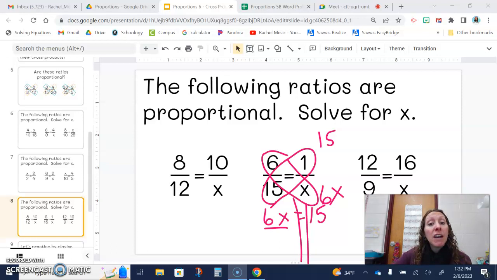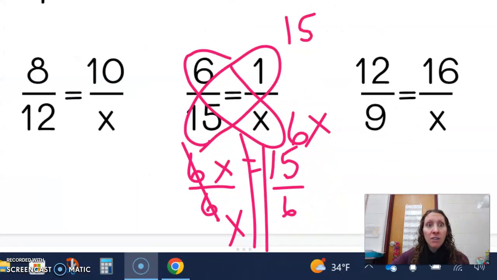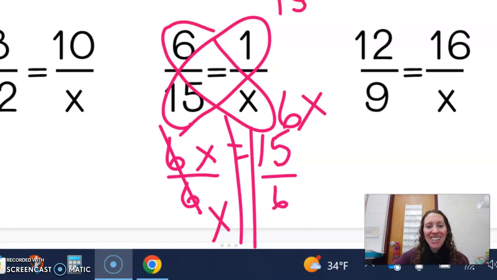So we would divide both sides by 6. 6 divided by 6 is 1. 1x is the same as x. And then we could use a calculator. Whoa! Not sure how that happened. 15 divided by 6. In your calculator, you will get 2.5. So it's okay if you have decimal answers today.